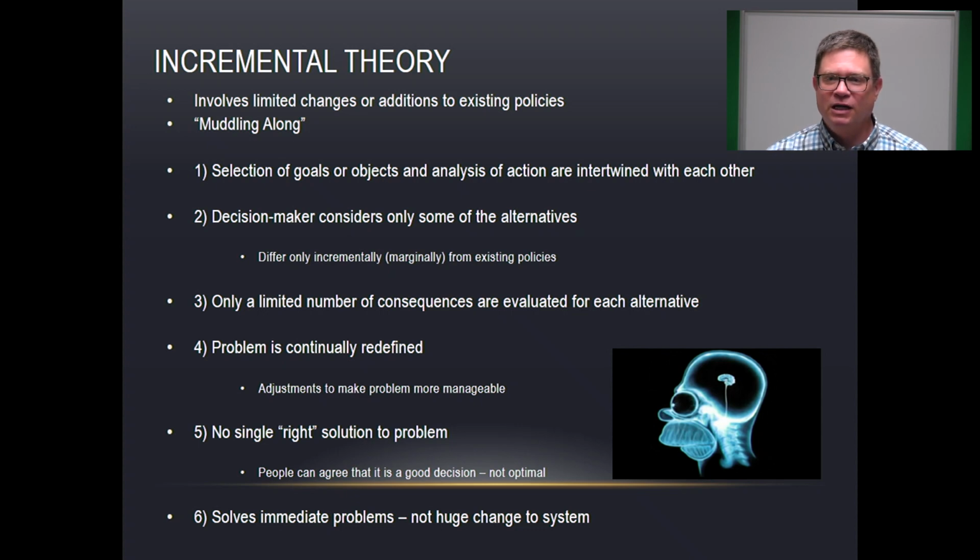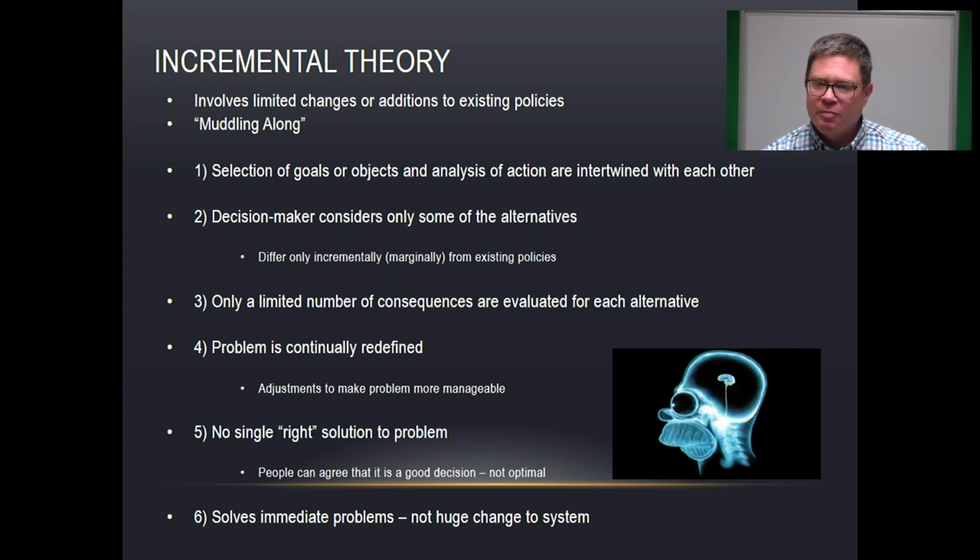If we can agree on something, that's the best decision that we can get. Not optimal, but it's agreeable, right? And essentially, this solves our problems. We're continually nibbling away at these things, incrementally changing policy rather than giving big shocks to the system. And this actually works pretty well because politicians are pretty risk averse.